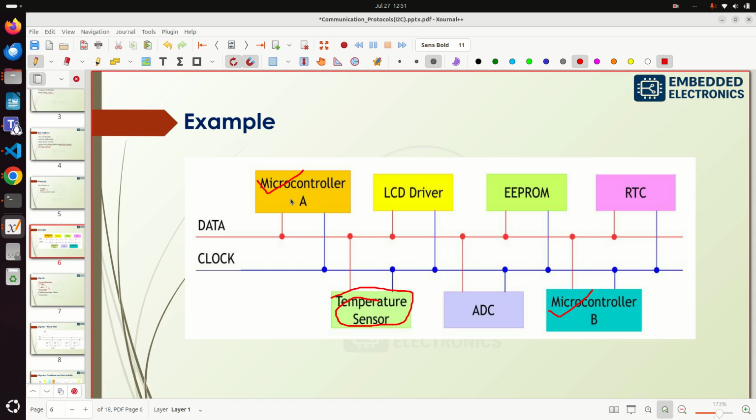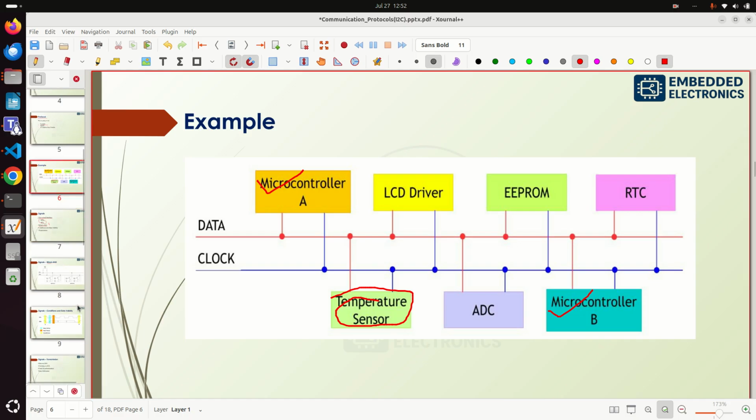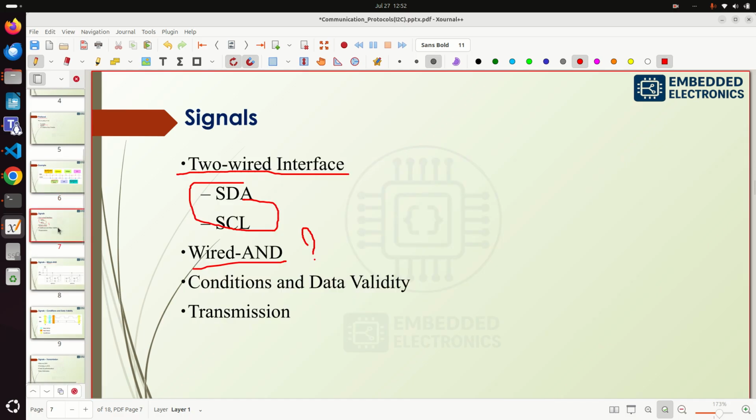If it finds the bus idle, it will transmit the unique address of the slave, and whichever slave matches that unique address is going to transmit the acknowledgement, and then the communication happens. So this is the example. Now wired AND is done, and next is conditions and validity.